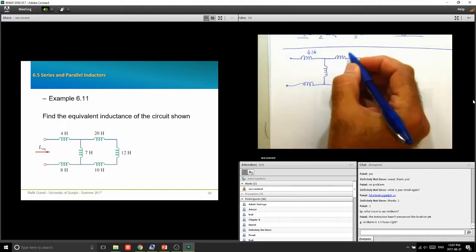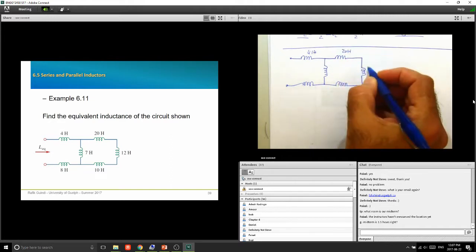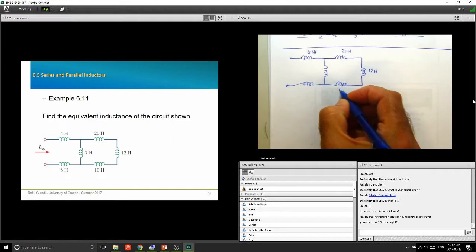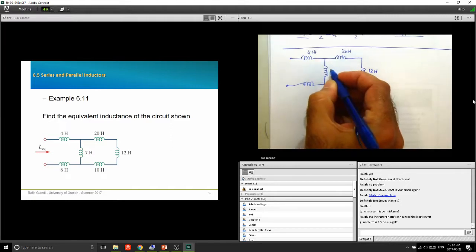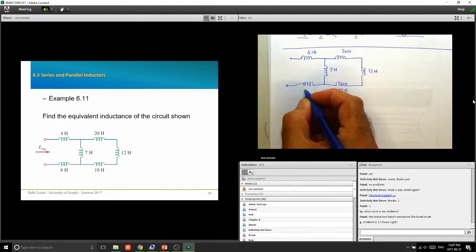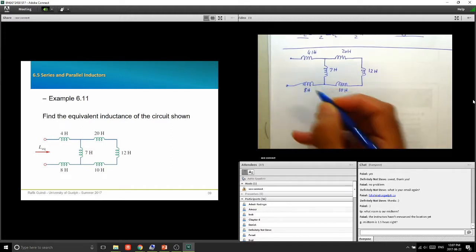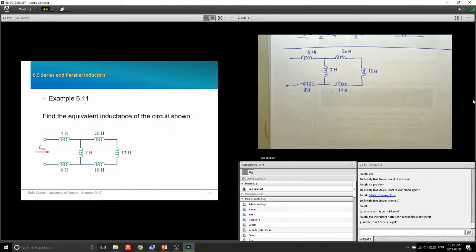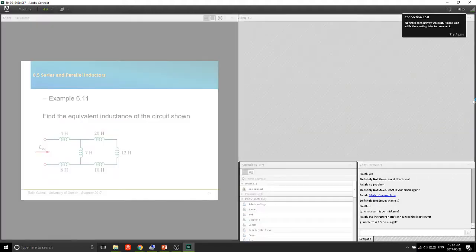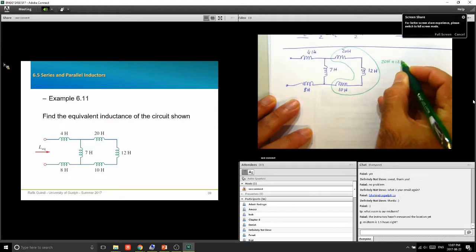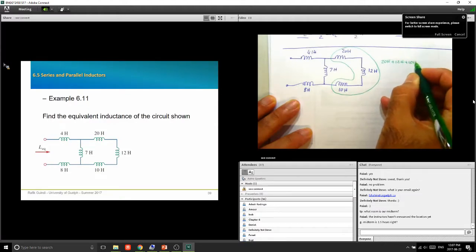We have inductors of 20 Henry, 12, 10, 7 Henry, and 8 Henry. So what do we have? Plus 12 plus 10.